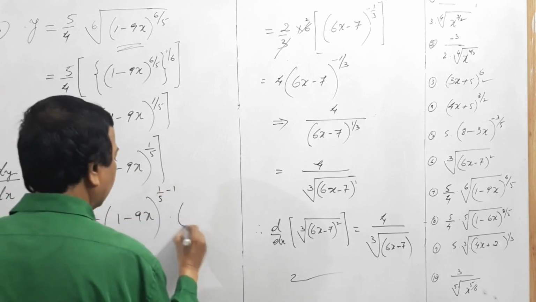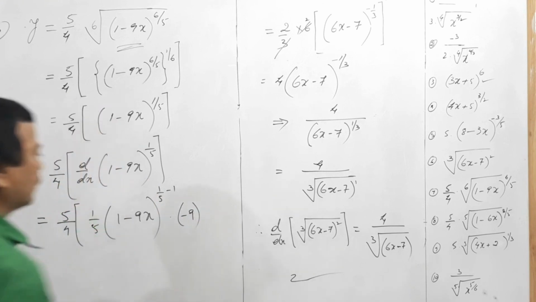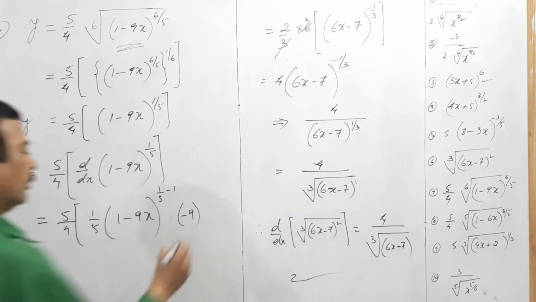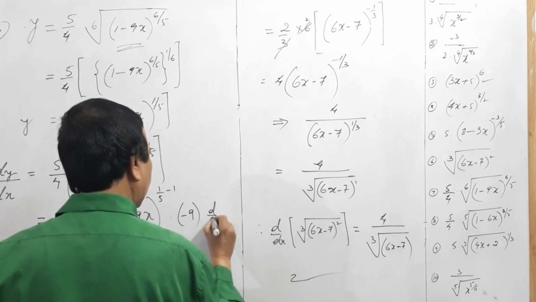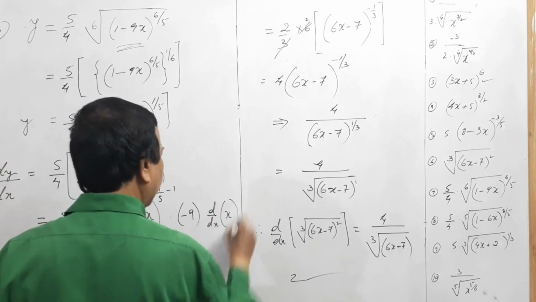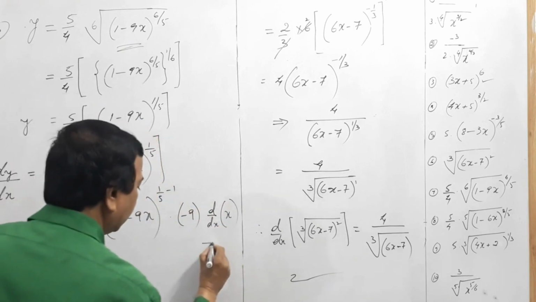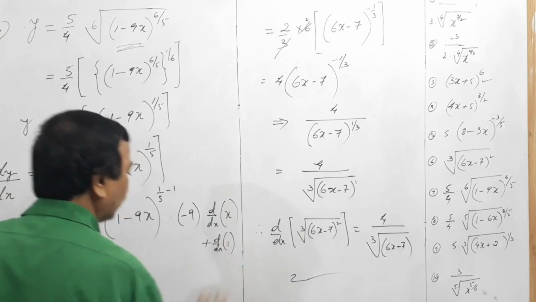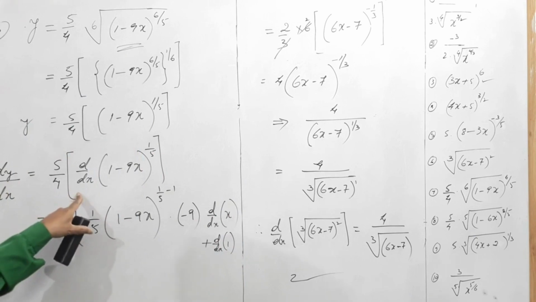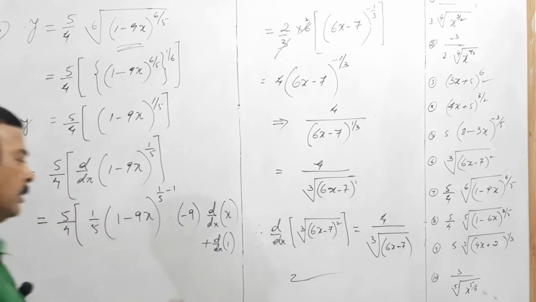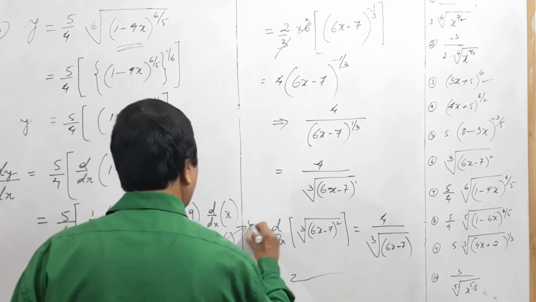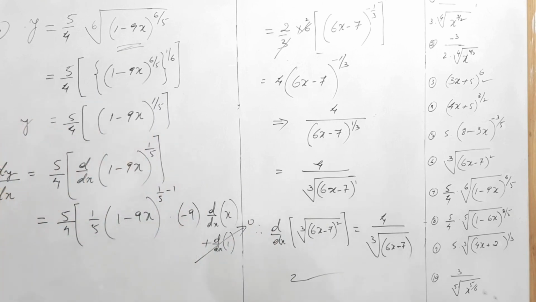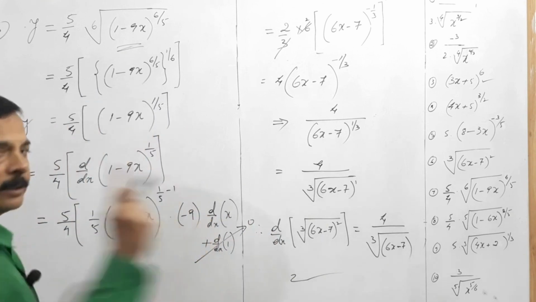So I will take this minus sign outside, d by dx of x, and this is constant, d by dx of 1. So d by dx of a constant is 0. Forget about this. So d by dx of x is 1.